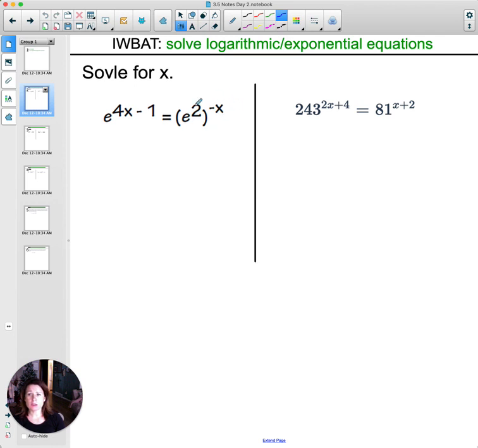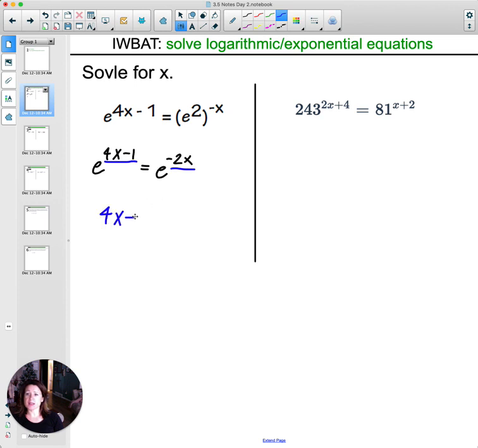So all we're going to want to do is simplify this right-hand side first. This left-hand side is just still e to the 4x minus 1. And then we'd have the power rule here, so we would just multiply these. So this will be e to the negative 2x. If their bases match, then the exponents must be equal. So these two pieces must be equal.